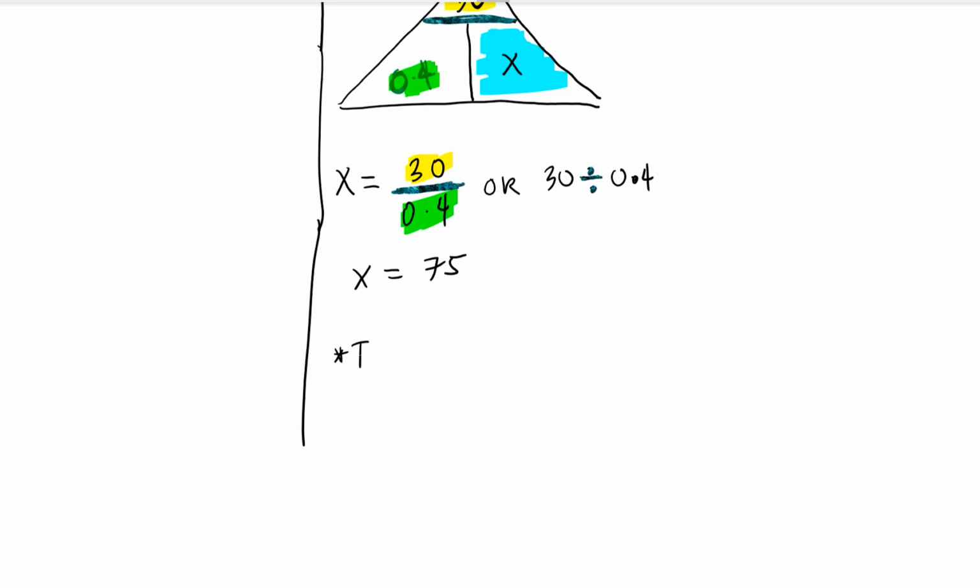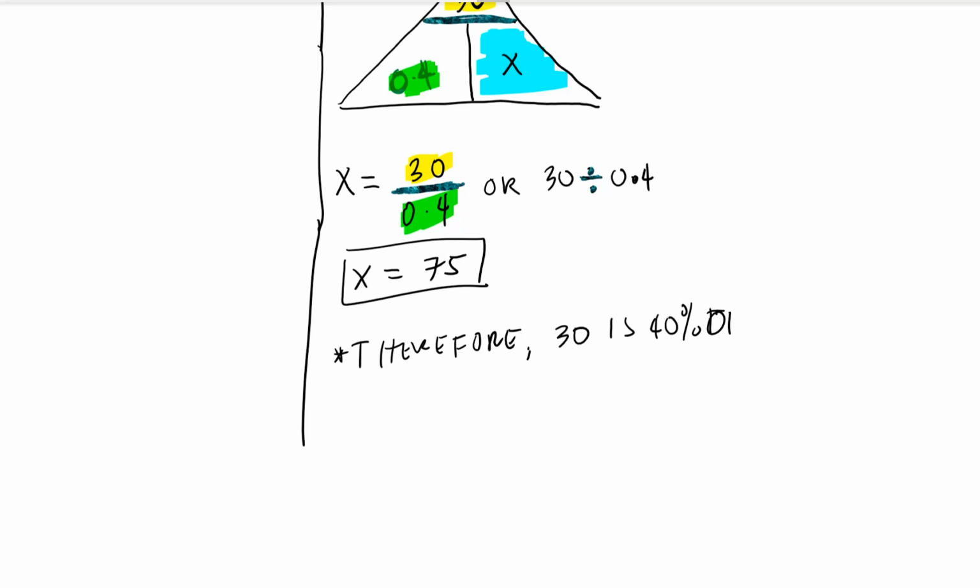So therefore you would say 30 is 40% of 75. That means that 40% of 75 is 30.